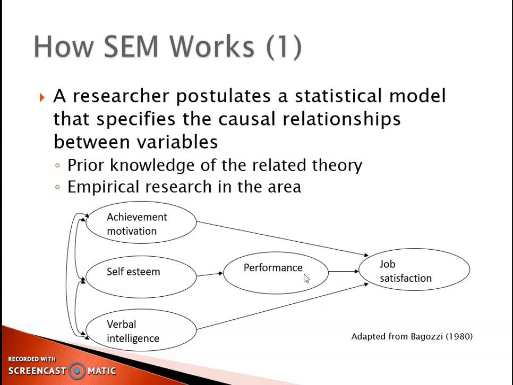And the literature also suggests that achievement, performance, and verbal intelligence are the three factors that have direct impact on job satisfaction, while self-esteem impacts job satisfaction through performance. And I present my final hypothesized model in a diagram like this. So you complete the first step, that is your model specification.